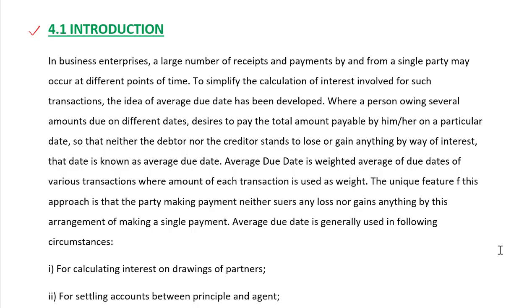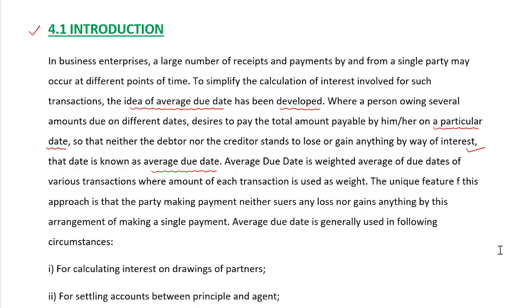To simplify the calculation of interest involved in such transactions, the idea of average due date has been developed, where a person owing several amounts due on different dates desires to pay the total amount payable by him or her on one single particular date, so that neither the debtor nor the creditor stands to lose or gain anything by way of interest. That date is known as average due date.